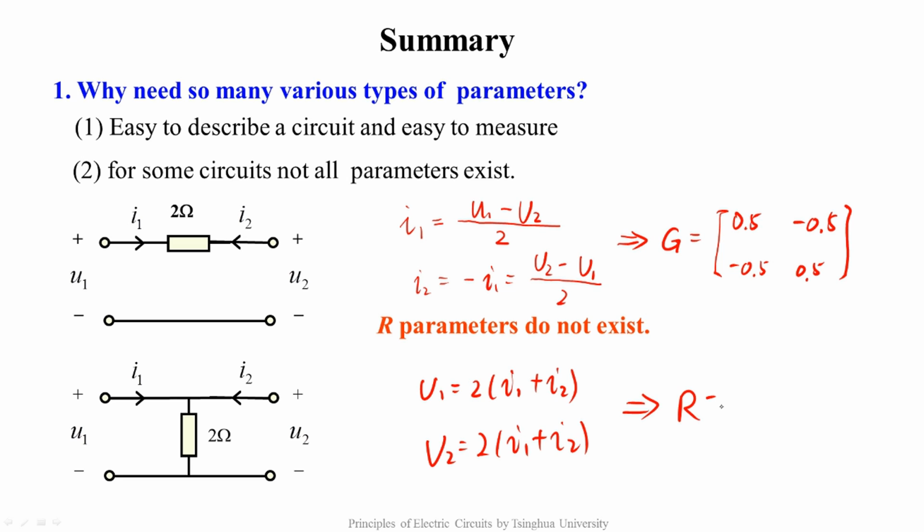These are its R parameters. This is also a symmetrical two-port. Obviously, its G parameters don't exist either. For these two simple examples, you should understand why we need so many various types of parameters to describe the two-port.